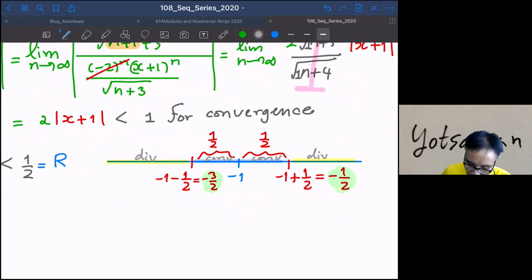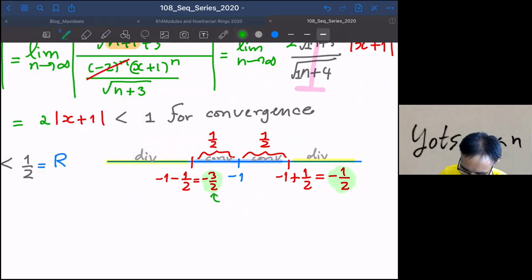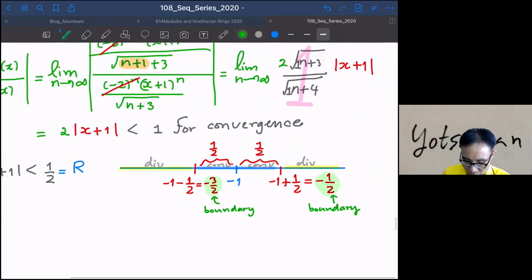So we're going to have the boundary. Okay, so you have two boundaries in this case, and we're going to have to test them separately.